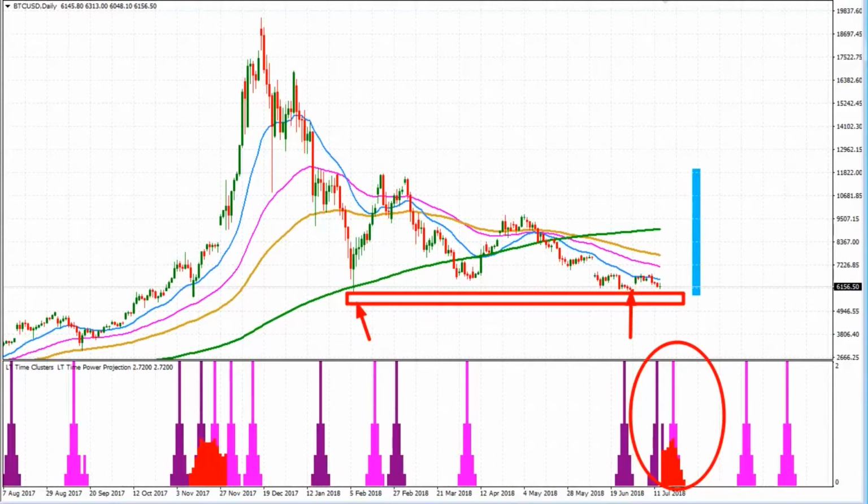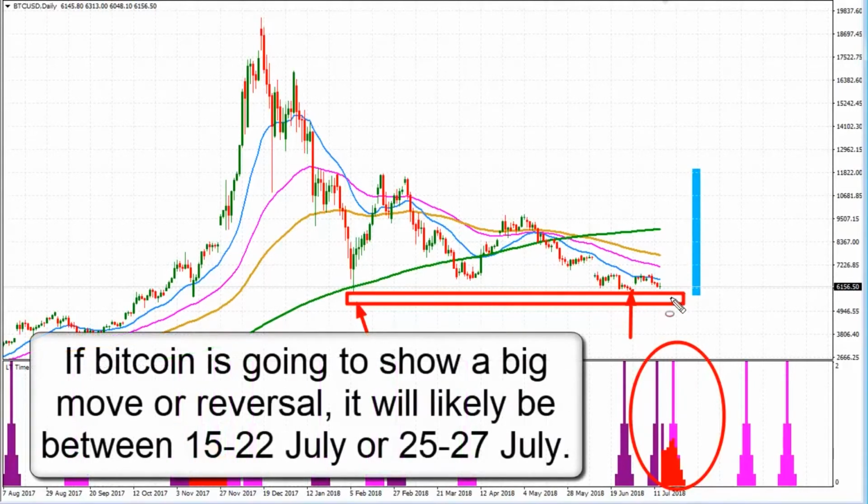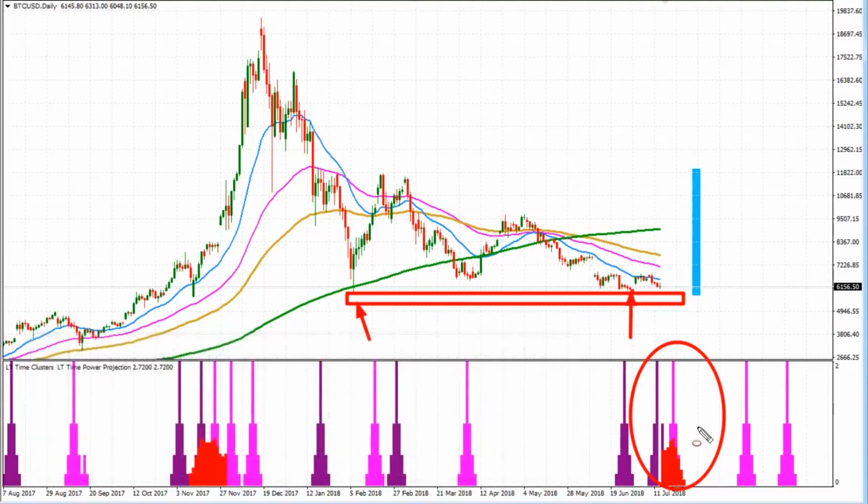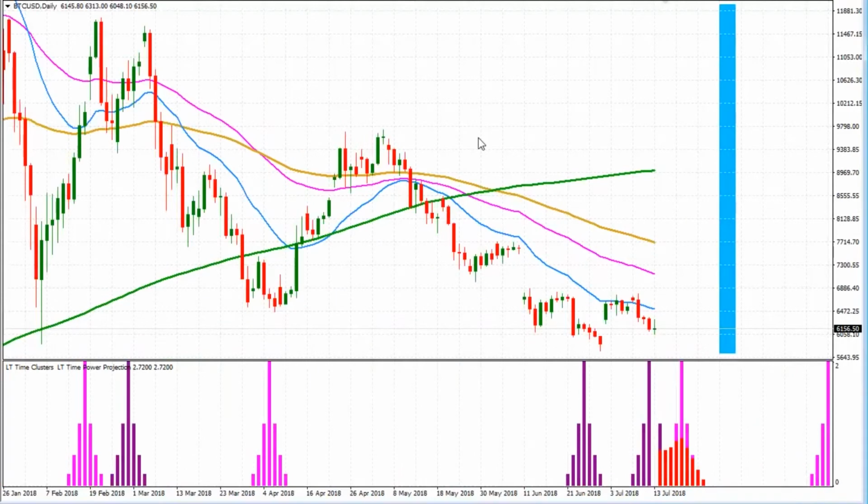Two key levels coming together, which means, in my view, that if Bitcoin is going to show any kind of reversal or inflection point, it's potentially going to be between the 15th and the 22nd of July. And if it doesn't happen, then we're looking at the date range between the 25th and the 27th of July. This looks very interesting for Bitcoin.